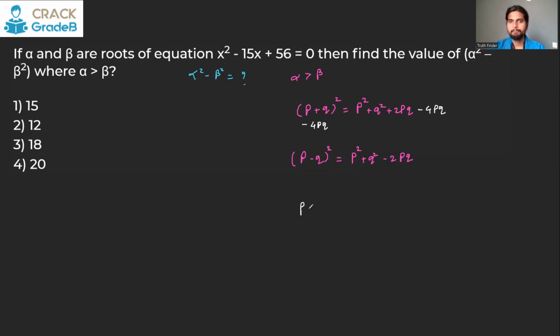So what it gets us: p plus q whole square minus 4pq is equal to p square plus q square minus 2pq, which is p minus q whole square. So p minus q whole square equals p plus q whole square minus 4pq. Why are we doing this? Because we have to calculate alpha square minus beta square.